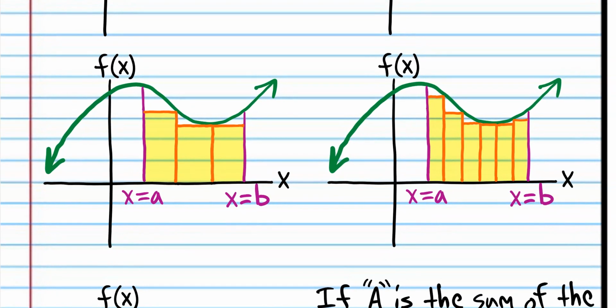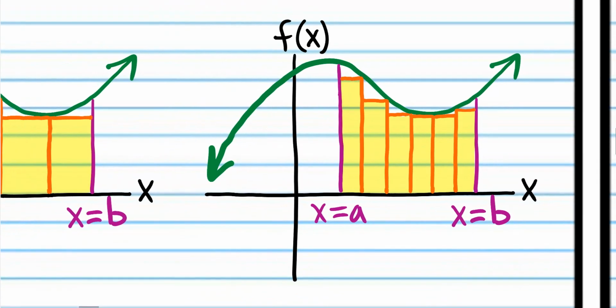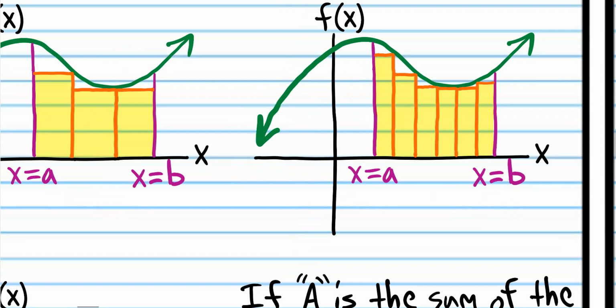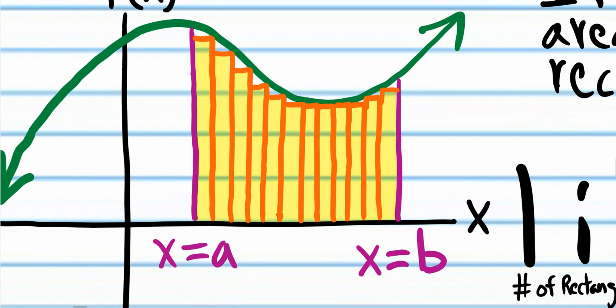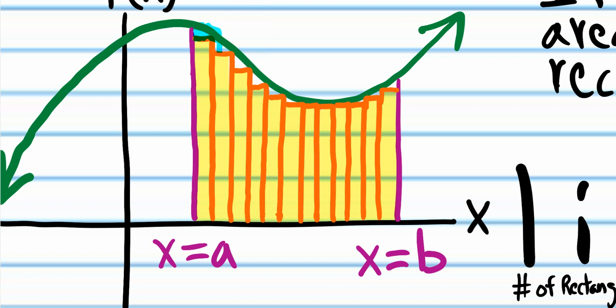And if we double the number of rectangles, then the space in here, which is not being counted, is actually being reduced. It's decreasing. What if we double the number of rectangles again? We still have regions that are not being counted as part of the area under the curve, but those regions are getting smaller and smaller and smaller.